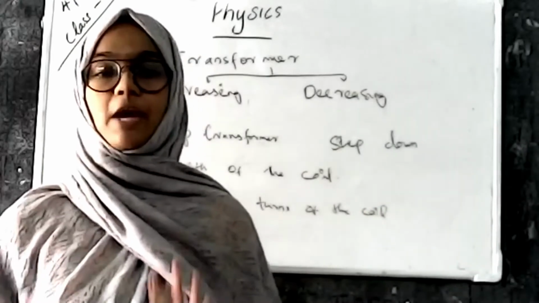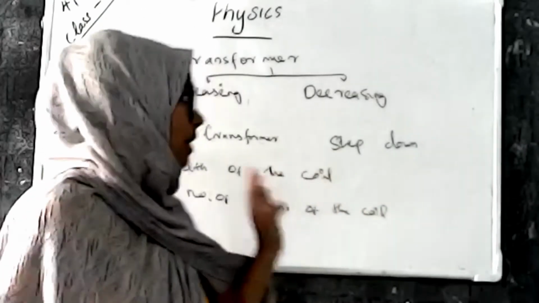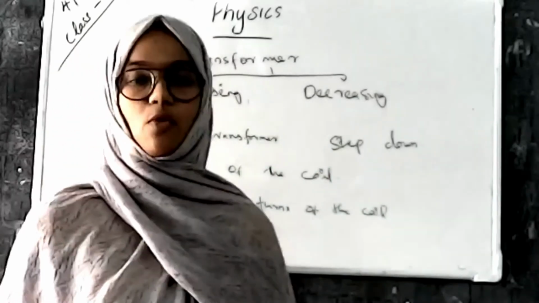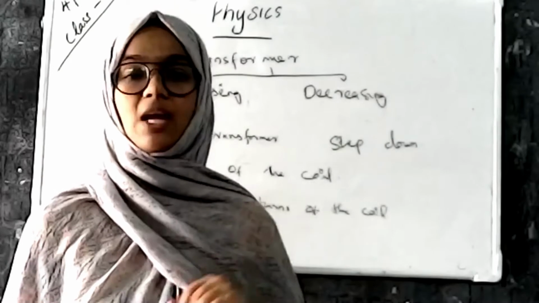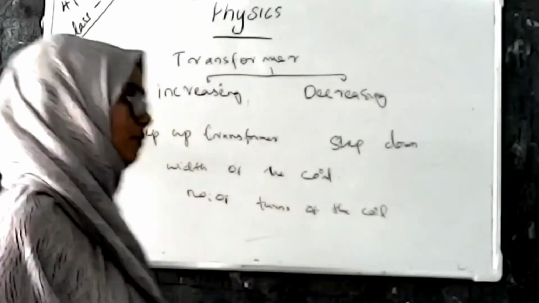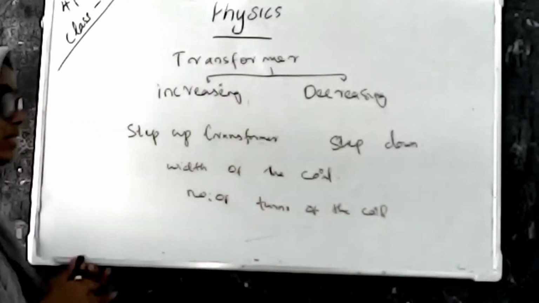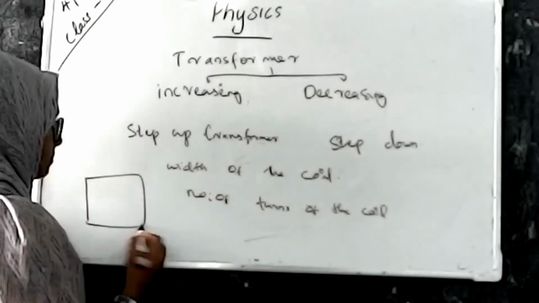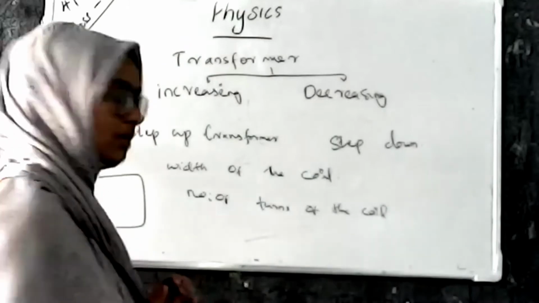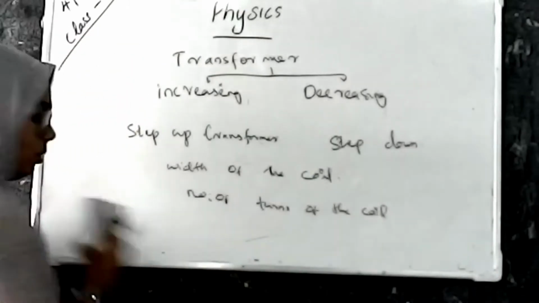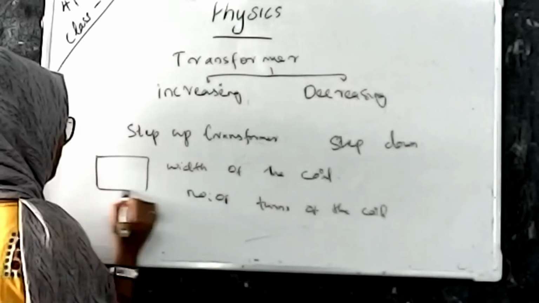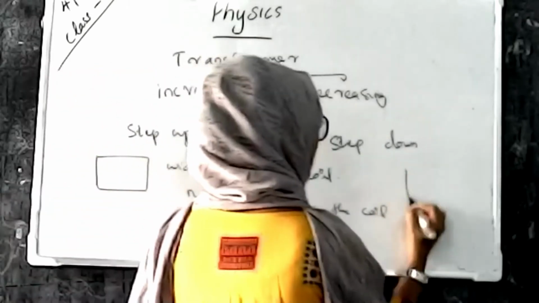And in each of the step-up transformer and step-down transformer, as we see in the image of the step-up and step-down transformer, there are two coils in a transformer. I think all of you have seen the two images. One is showing the step-up and one is showing the step-down.